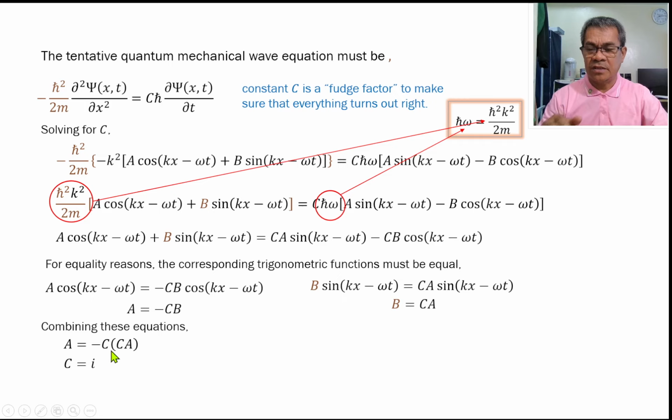Why? Because dividing both sides by A, C squared is negative 1, so the square root of negative 1 is imaginary. In other words, C is equal to i.